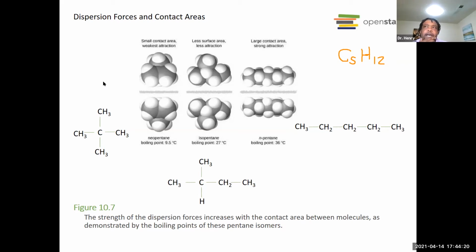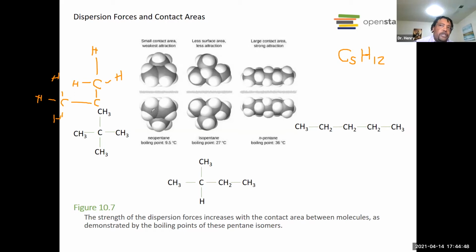Because if we think about the structure, let me draw it out in a little more detail. So here you have that carbon. This represents that carbon with H, H, H. And then that's connected to that center carbon in the middle. Okay.